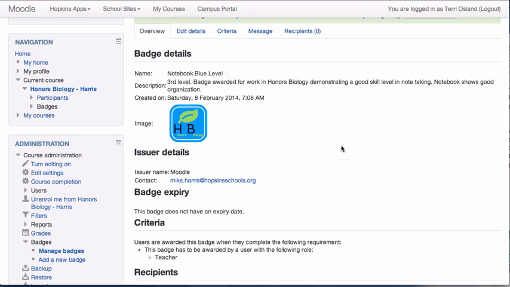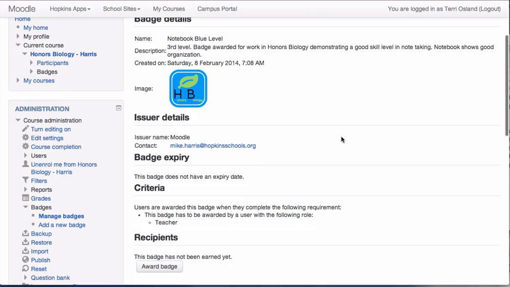What Mike does is he uses the Cornell notes note-taking style, trying to teach students effective study skills and note-taking skills or in-class skills. To earn this badge, they need to maintain his expectations, which are pretty rigorous, for their notebooks, and then show that after a certain length of time.